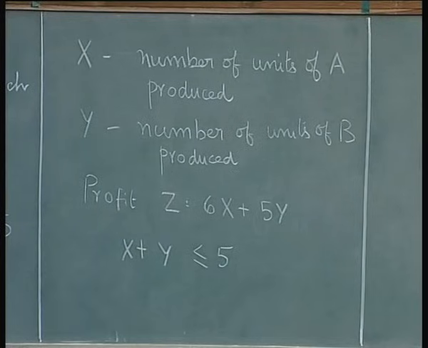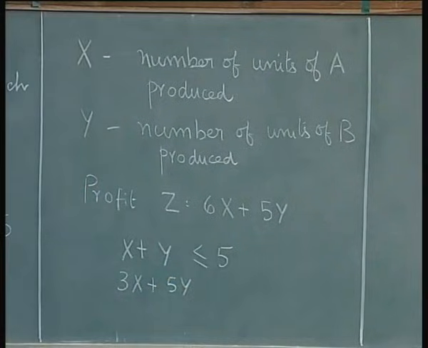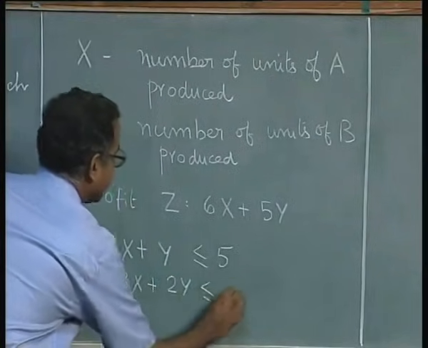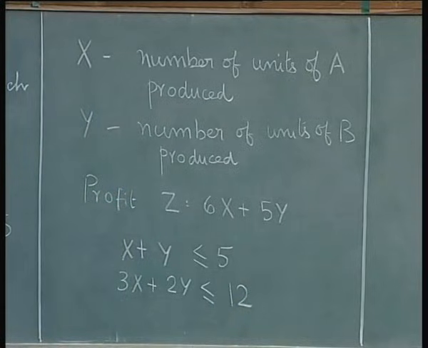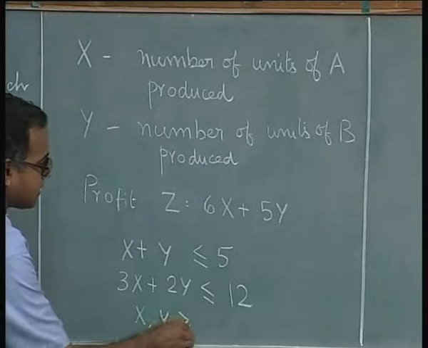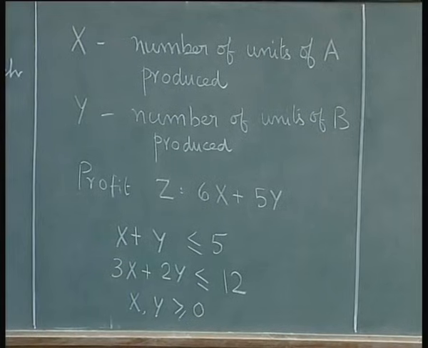So, the requirement to produce X units of A and Y units of B is given by 3x plus 2y, and this has to be less than or equal to 12. This cannot be greater than 12. Also, we need to explicitly state that this manufacturer will make X and Y which are greater than or equal to 0. That is, the person cannot produce negative quantities of both X and Y.